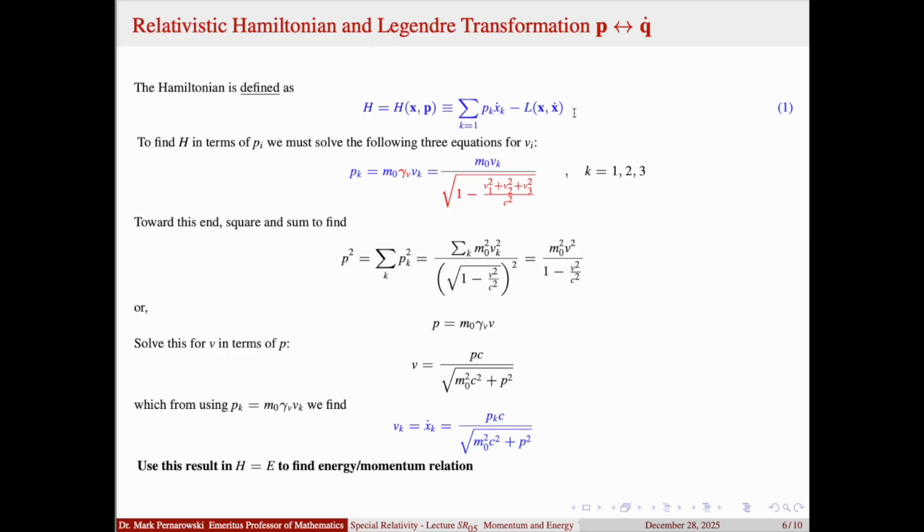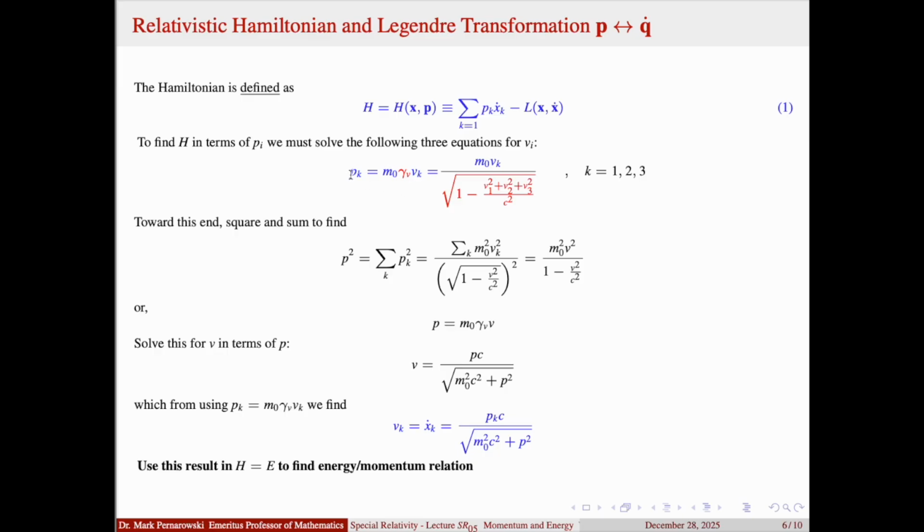Why? Well, if you do that, then H turns out to be the energy of the system. If L is T minus V, then this whole thing becomes T plus V. And the algebra also becomes easier. So think of H as primarily the energy of the system, whatever it is.